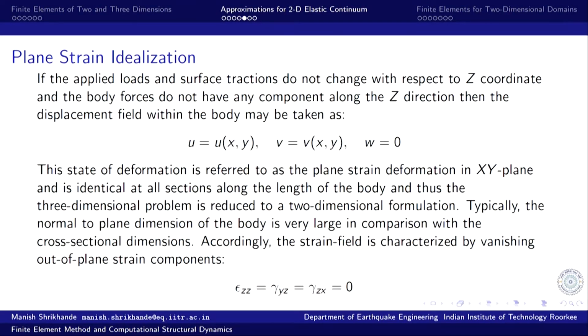So, if we can assume strain to be limited to one plane, with strains normal to the plane vanishing, we can also consider a similar kind of arrangement at the other extreme, where stresses are limited to one plane. We are not talking about strains, but the stresses. So, stresses normal to the plane are 0.